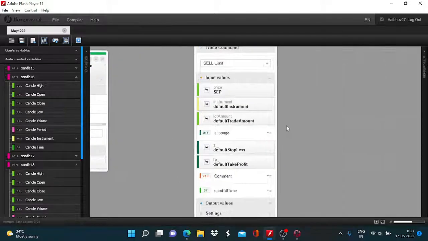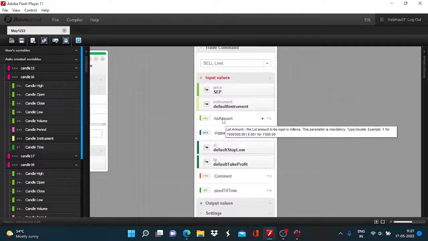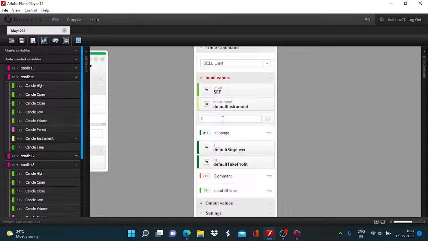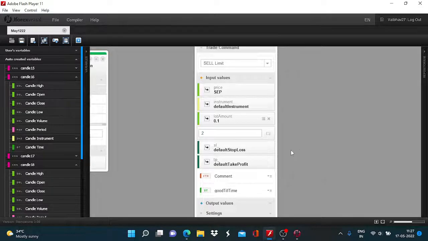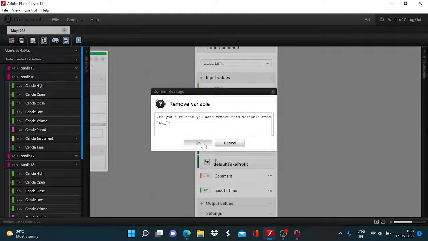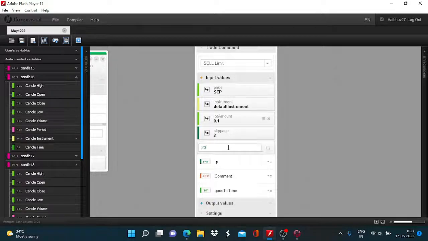Default instrument remains as it is. Trade amount I will change to 0.1 million. Slippage is going to be 2 pips. Stop loss and take profit we will go in the ratio of 2 is to 3. Oh, this should be 20 pips, not 2 pips. And target price should be 30 pips.